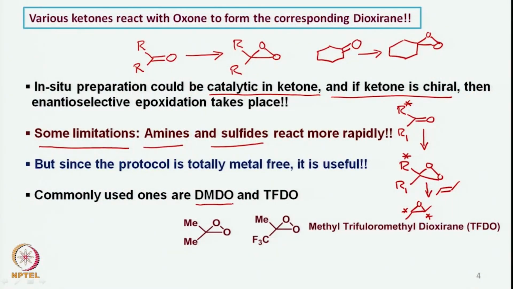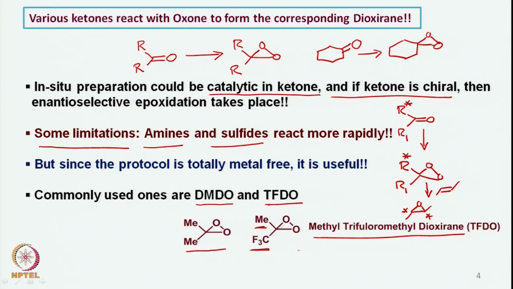Commonly used dioxiranes are DMDO, that is dimethyl dioxirane, and also methyl trifluoromethyl dioxirane. So you have a methyl and a trifluoromethyl dioxirane. These are the two which are used very often, both by in situ preparation, and they can of course be isolated.